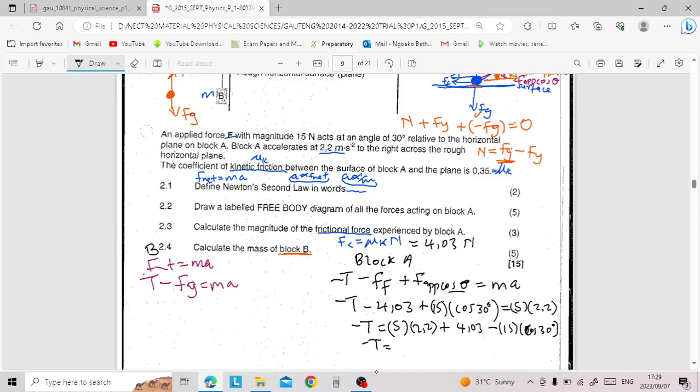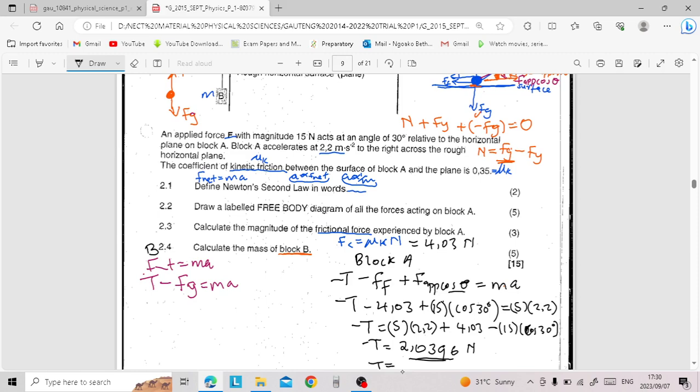So the tension we get is 2.0396 newtons.